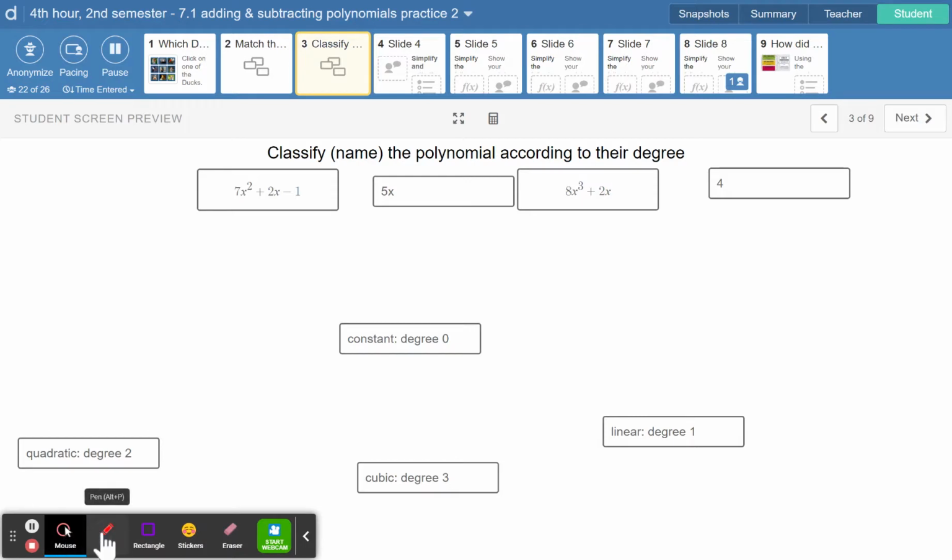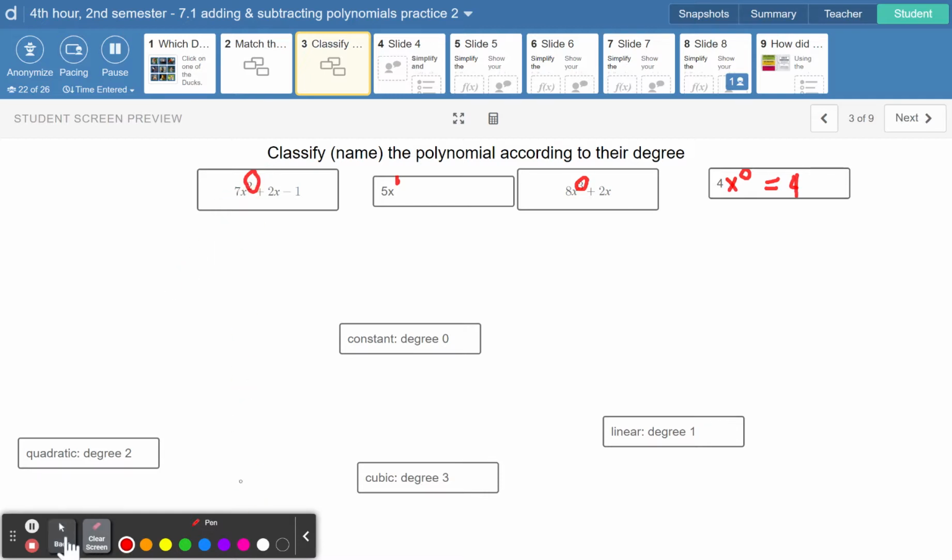Let me see if I can write this. Here's a 1, here's the exponent, the highest, that's a 2, highest exponent, a 3. There is no variable with an exponent, so that's really x to the 0, but that looks super silly, so we just write the number.